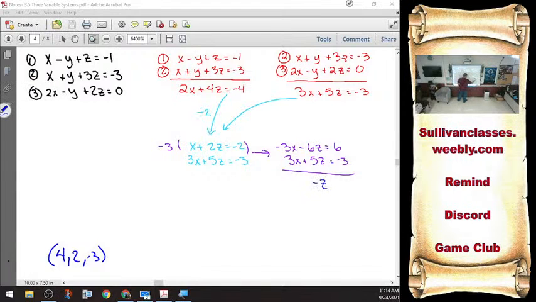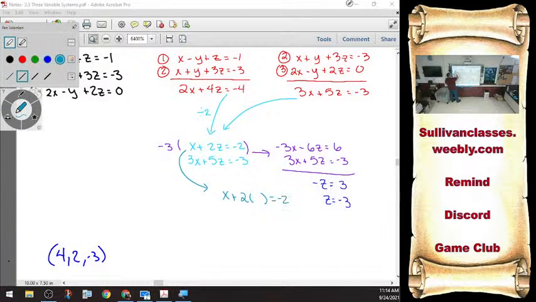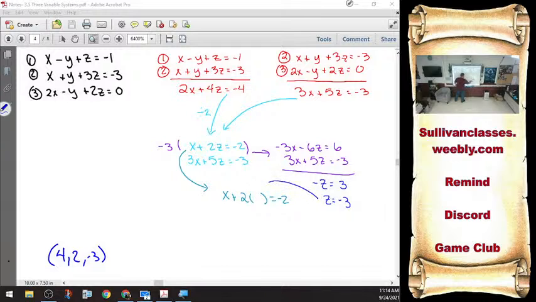Getting a negative z is 3, so z is negative 3. If z is negative 3, x plus 2 of those, I get negative 6, add it to the other side.